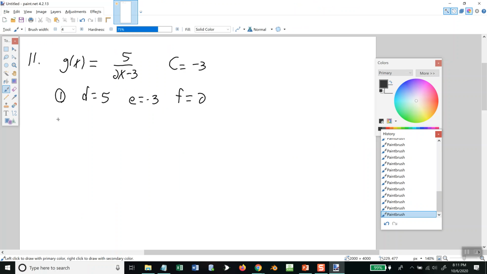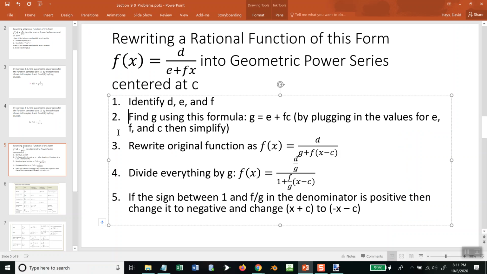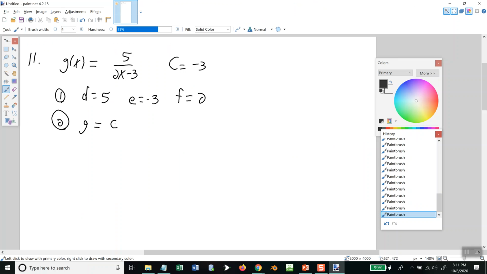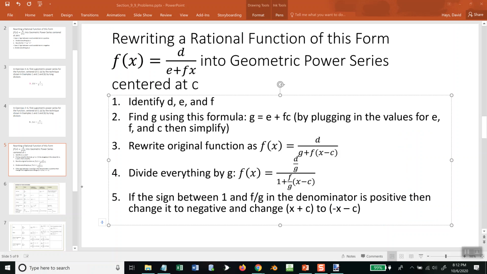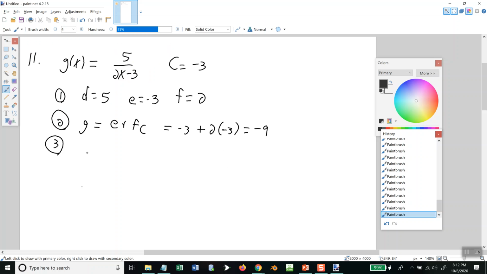So that's step 1. Step 2, G is equal to E plus FC. E is -3 plus F, which is 2, times C, which is -3, which gives us -9. And step 3, rewrite in that form.